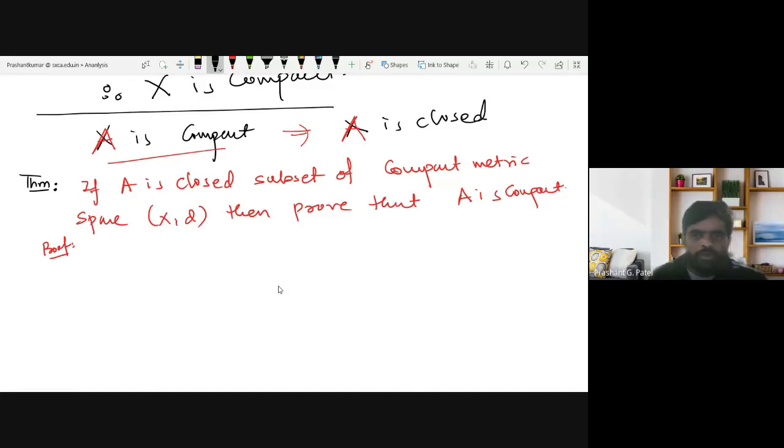Now, our objective is to prove A is compact.